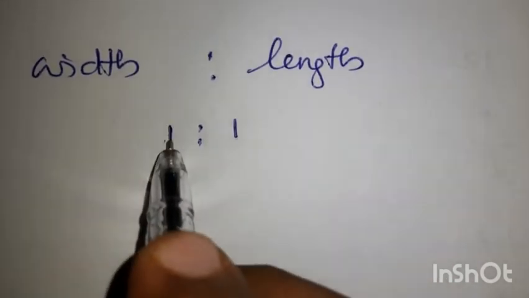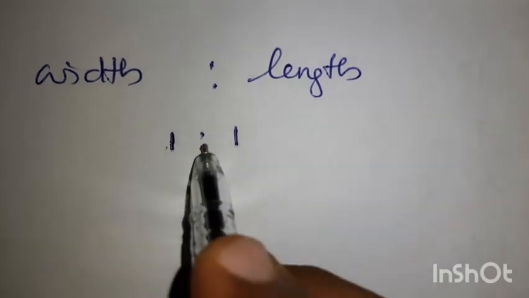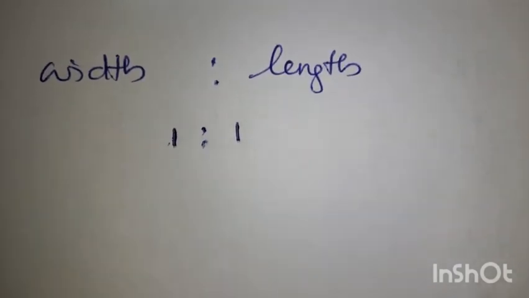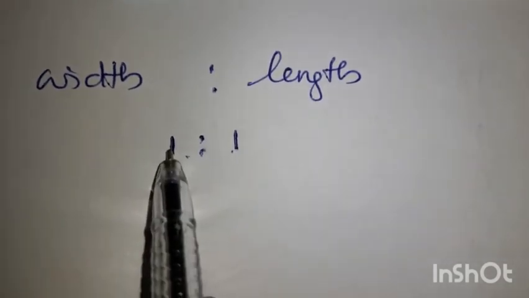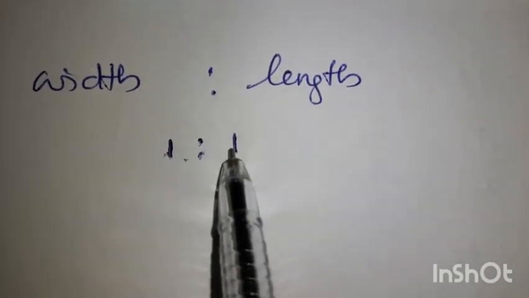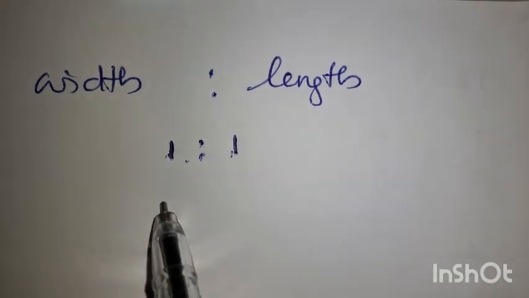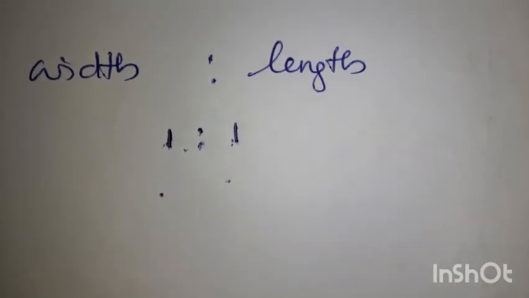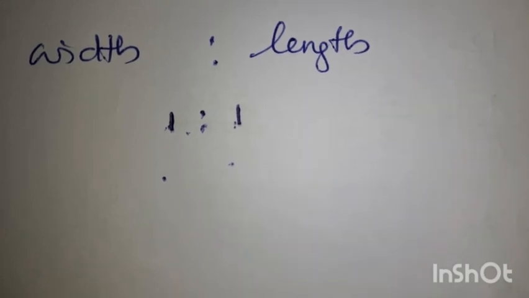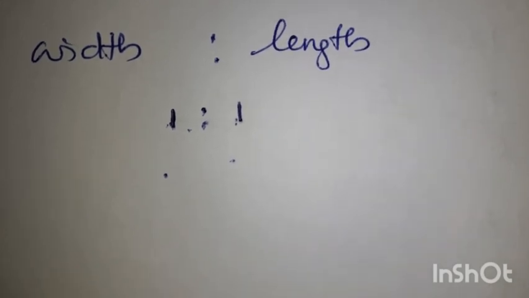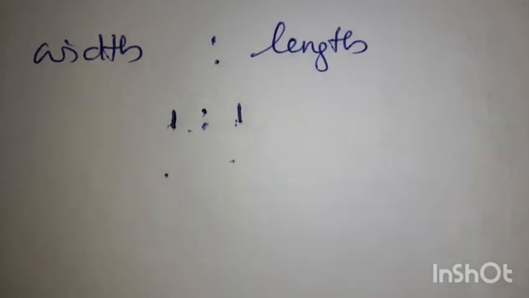Width and length are same, we can write, because the width to length ratio is same. If width is 1 centimeter, length is also 1 centimeter. If the width is 2 centimeter, the length is also 2 centimeter. That means width and length are of the same measurement.